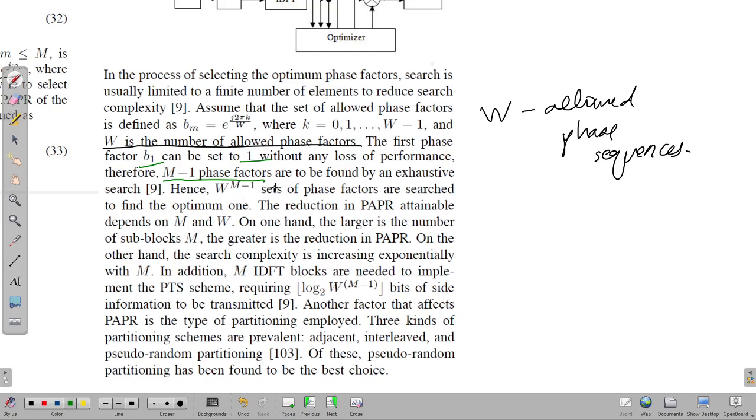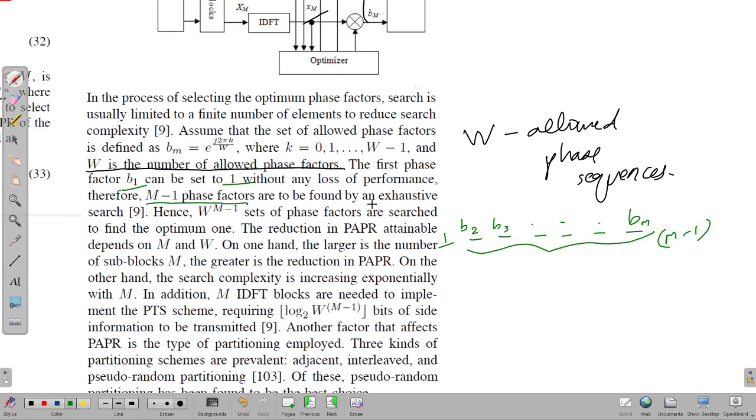And how many combinations are possible? When you have m minus 1 phase factors, b1 is 1, it is fixed, and b2, b3 up to bm, you can have m minus 1 phase sequences getting multiplied here. b2 could be any of the w allowed phases, b3 could be any of the w allowed phases, bm could be any of the w allowed phases.